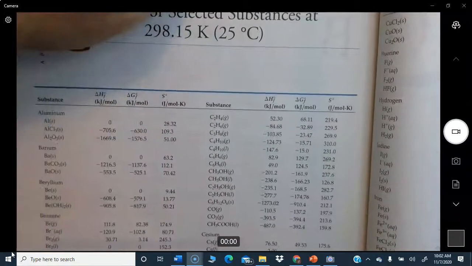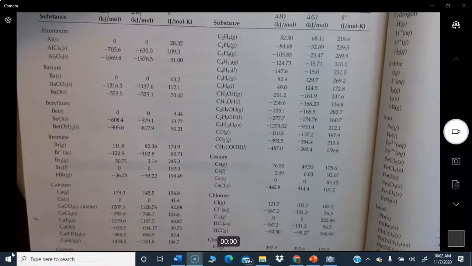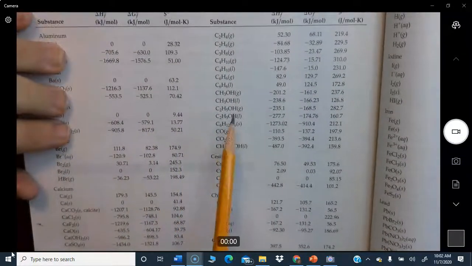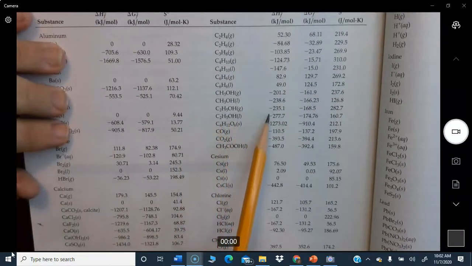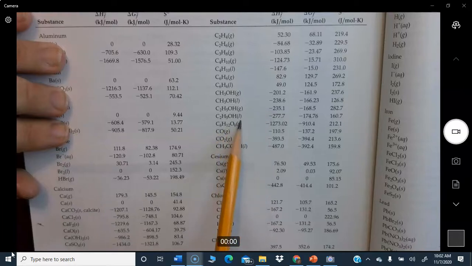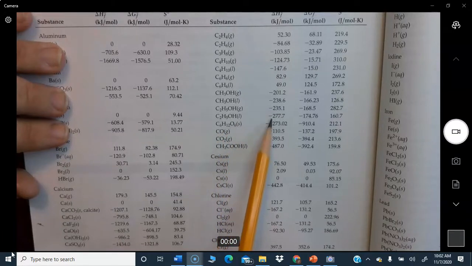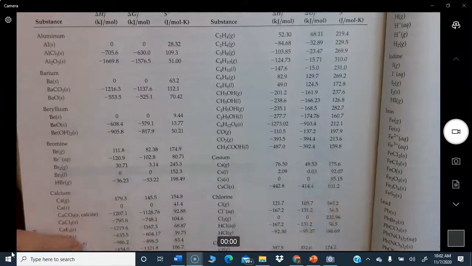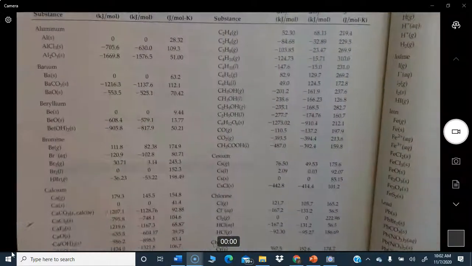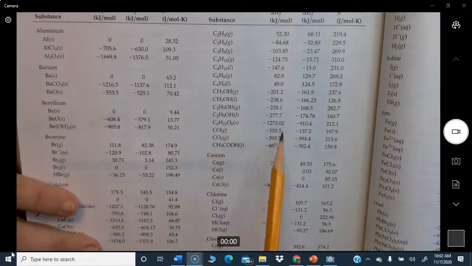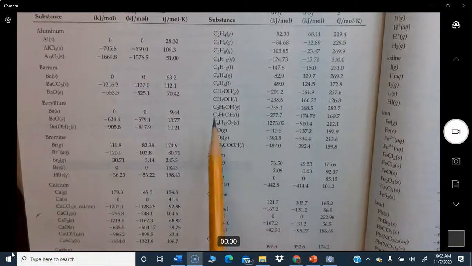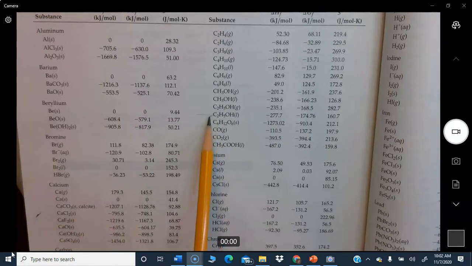And that one is right here. It's C2H5OH liquid. We're going to use the liquid form here. It is negative 277.7. So I'm going to write that down. So that's this one right here.